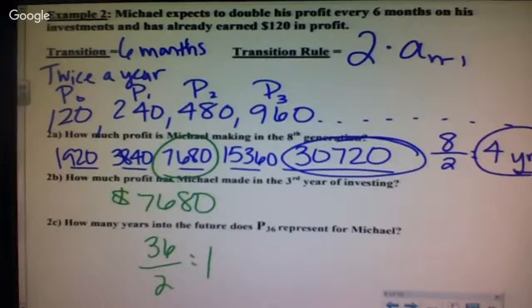How many times does 2 go into 16? 16 divided by 2 is 8. So if they want to find P sub 36, we're looking 18 years into the future. We're done with the second half.